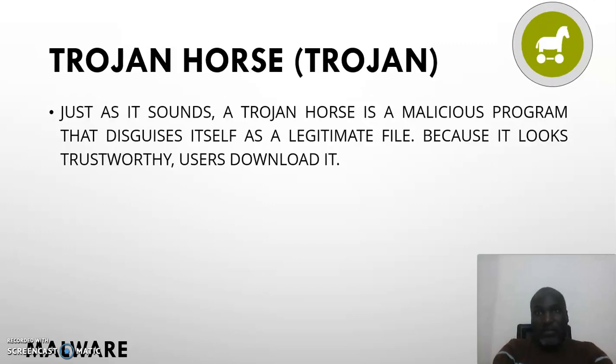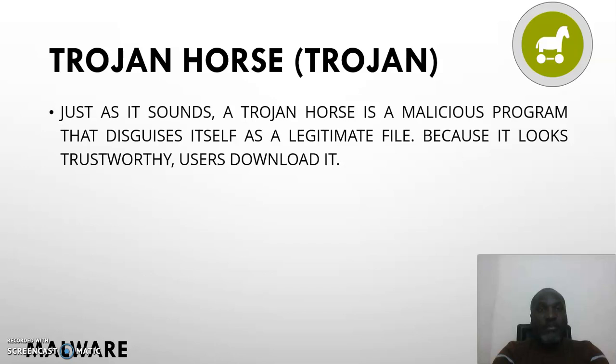The second last that we'll look at in this first tutorial is what we call the Trojan horse, or basically the Trojan. So just as its name sounds, the Trojan horse is a malicious program that will disguise itself as a legitimate file because it looks trustworthy and users will usually download it. It will enter the user's computer as a normal file or program and perform malicious tasks set by its creator, the author or the hacker.